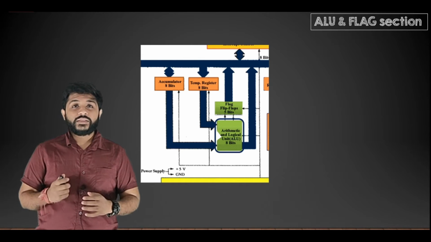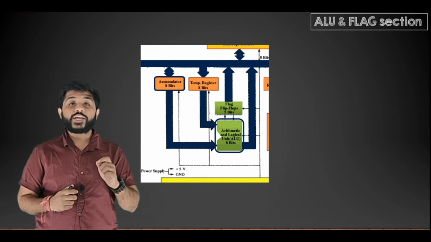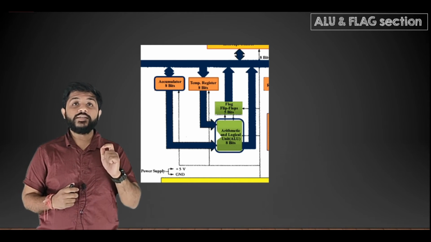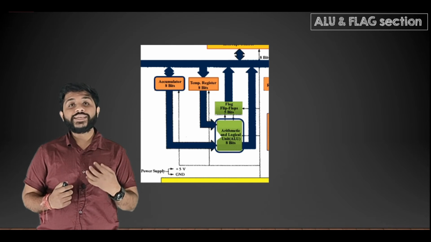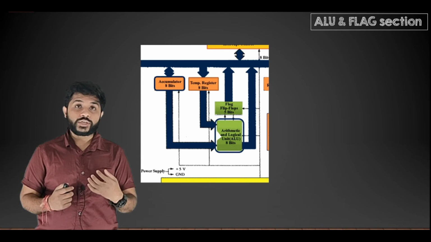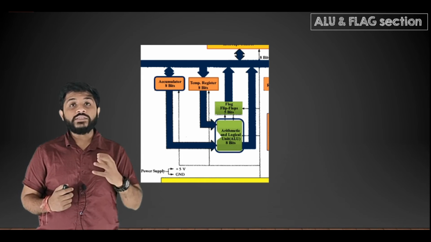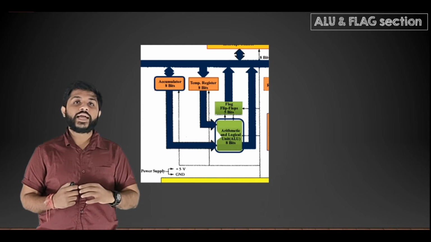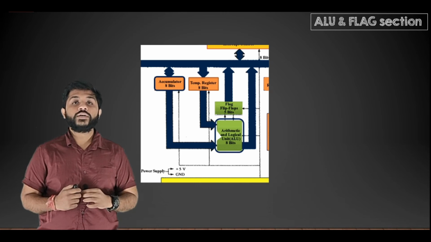Then the next block is the accumulator. The accumulator is a special purpose register. Whenever the microprocessor performs any arithmetic or logical operation, the answer will be stored in the accumulator. You can see that the accumulator is connected to the ALU.